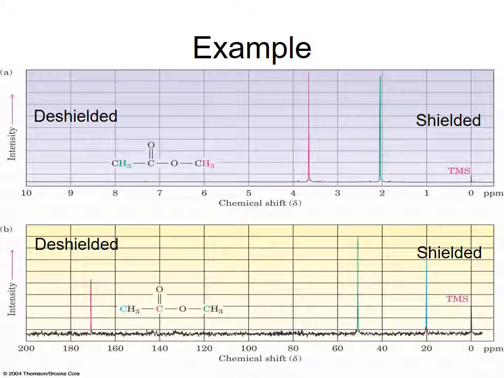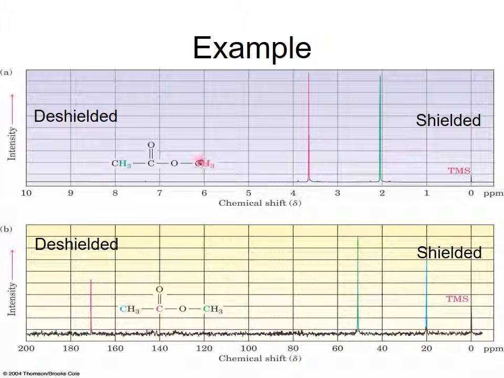Here are two examples of NMRs. On the top, we have a proton NMR, and on the bottom, we have a carbon-13 NMR. We are looking at the same molecule, methyl acetate, in both circumstances. Here we have two different kinds of protons.